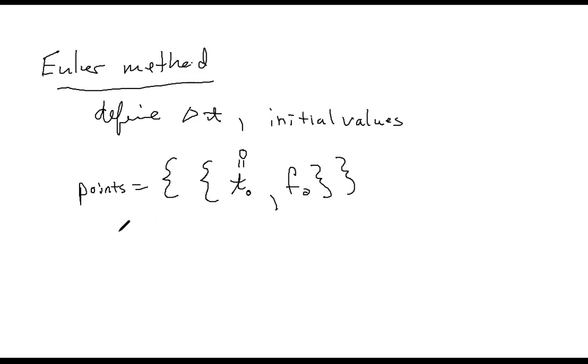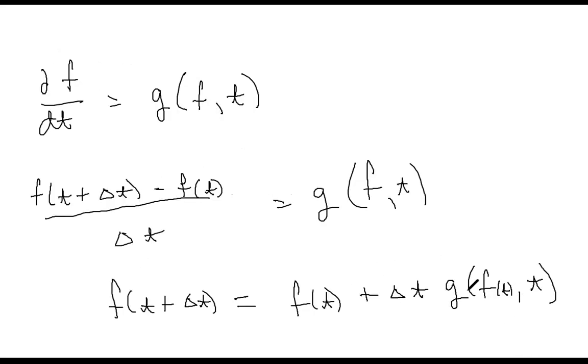All right. And then I created a loop. And inside the loop, at each iteration, I went back to this, and I used the old values to define the new values.